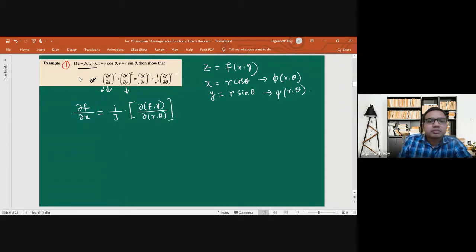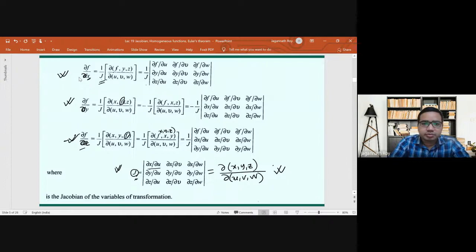Okay. So similarly, del f by del y is minus 1 by J into del of (x, f) divided by del of (r, theta).